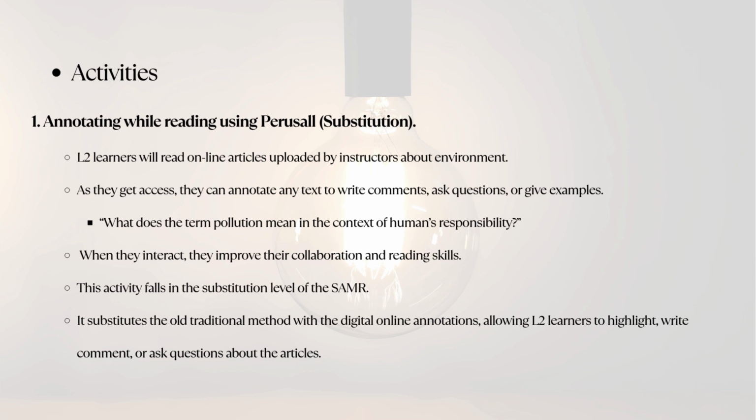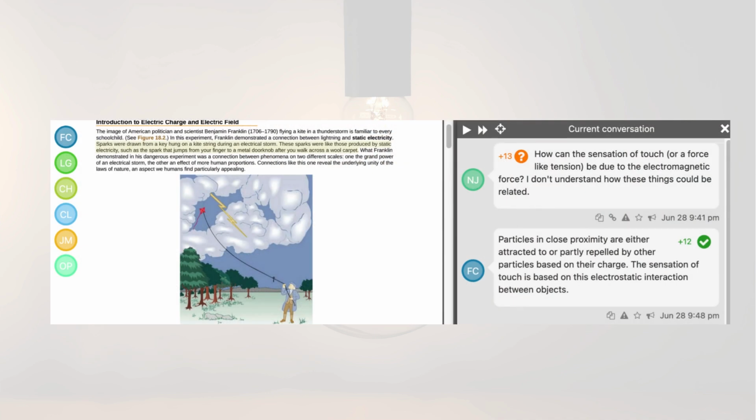So here the learners will have access so they can annotate the chosen text for different reasons. Let's say they can annotate to highlight important terms, to provide explanation, or even ask questions or comment on something they found challenging.